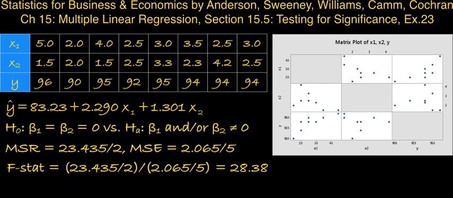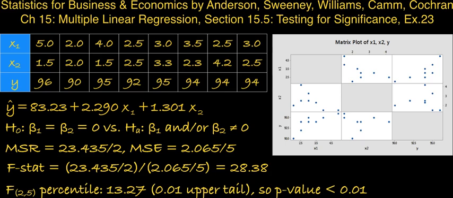And then the p-value for 28.38, if we look up an F table with 2 numerator degrees of freedom and 5 denominator degrees of freedom, we find that 13.27 has an upper tail of 0.01, and since the F statistic is larger than 13.27, the p-value must be smaller than 0.01.